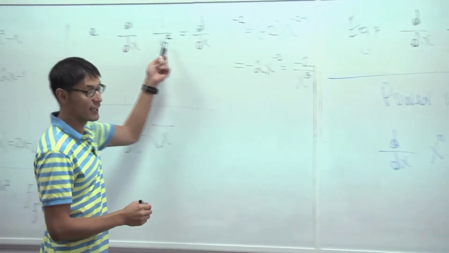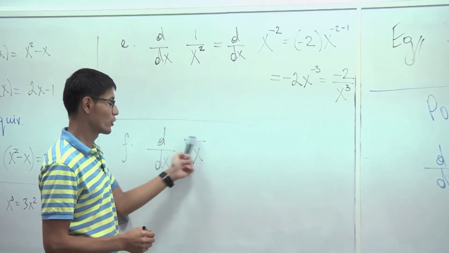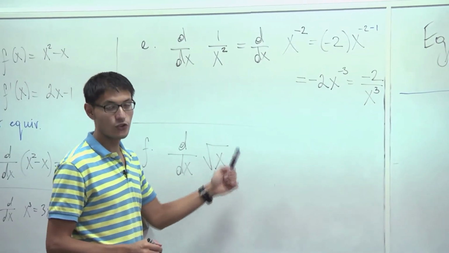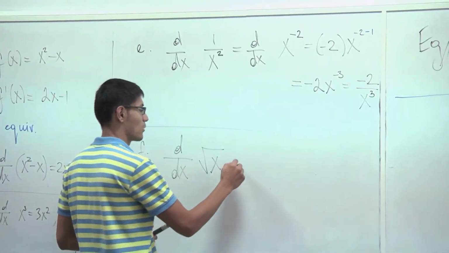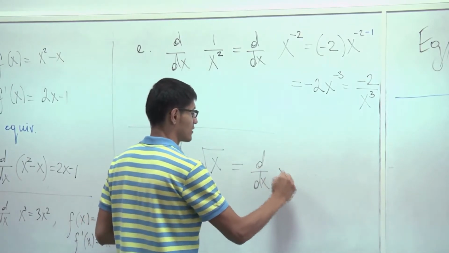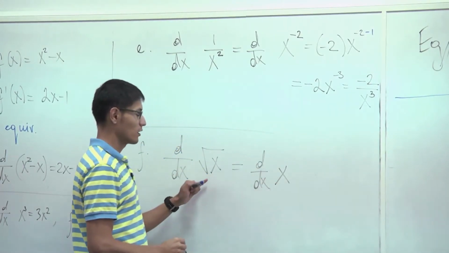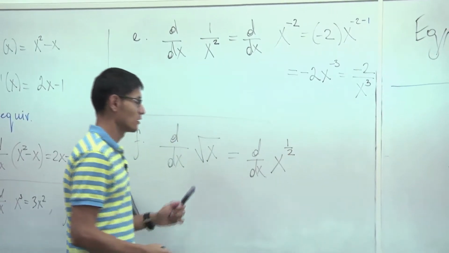So just like in this example, you want to rewrite square root of x as x to the n. And once you write it as x to the n, then you can use the power rule. So how can I write root x as x to the n? Well, it's going to be x to the power of 1/2, okay?